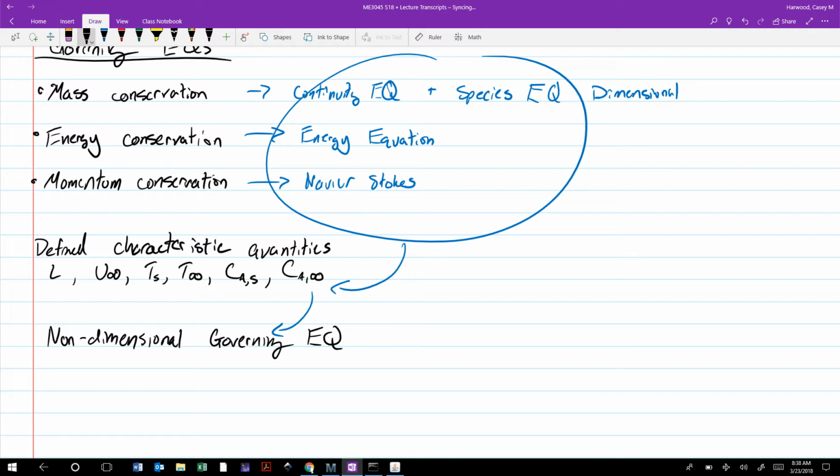The advantage of going through this process, where we made these dimensionless, is that it makes those equations significantly simpler. The variables in those equations end up being dimensionless velocity, dimensionless temperature, and dimensionless concentration, which are just non-dimensionalizations of what we were trying to find anyway.